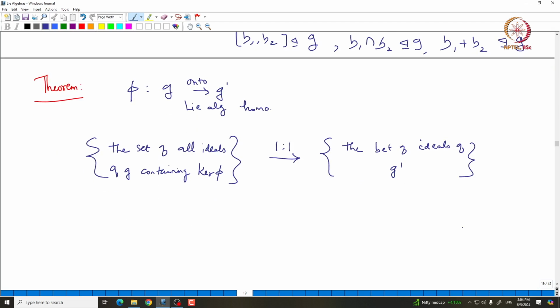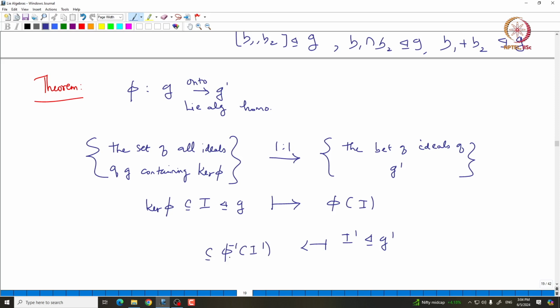What is the map? There is a natural map. You start with an ideal I inside G which contains the kernel, and you map that to pi of I. Similarly, if you start with an ideal I dash inside G dash, you map that to pi inverse of I dash, which clearly contains the kernel of pi, which is pi inverse of 0.